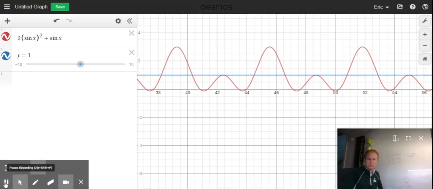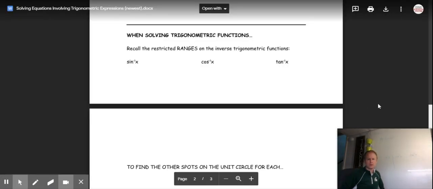So a few more. We want to remember when we solve trig equations that when we use inverse sine, or arcsine, arctan, or arccosine, we have restrictions where it's only going to give us one answer. But oftentimes there is more than one answer. So just a reminder in your notes, sine inverse is restricted. It's covering all the y coordinates, and to do that, it goes from negative pi over 2 to pi over 2. That's the restriction on sine inverse.